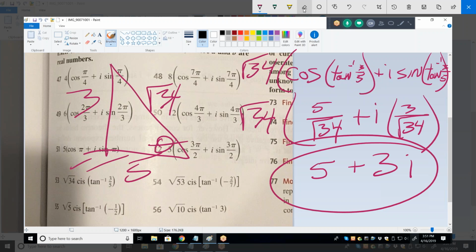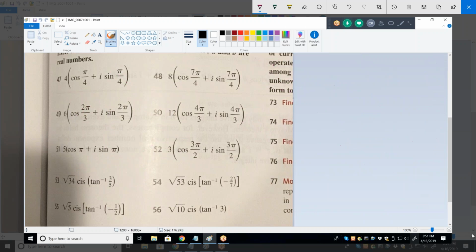All right, let's look at 54. Same problem, only it's a negative argument. For our analysis, we don't care. Still going to draw a triangle. That is still an angle.